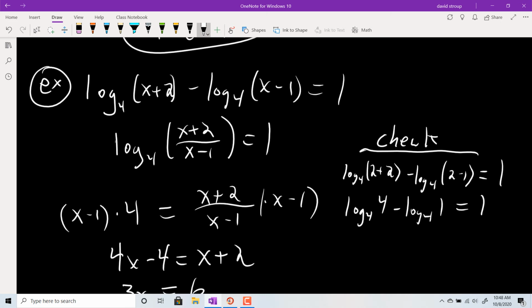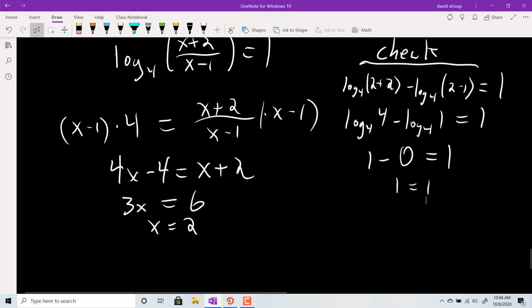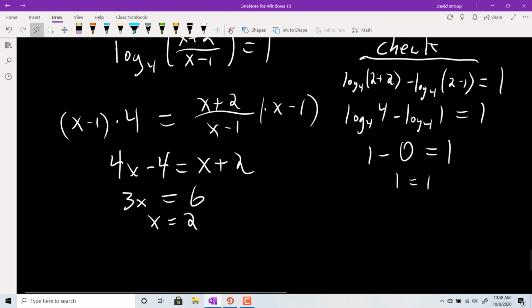Log base 4 of 4: 4 to what power is equal to 4? 1. 4 to what power is equal to 1? 0. And then does 1 minus 0 equal 1? Certainly. So that works. And we can come over here and circle the x equals 2.